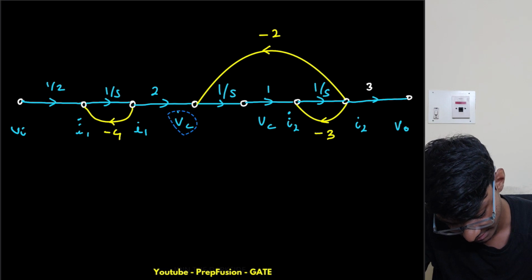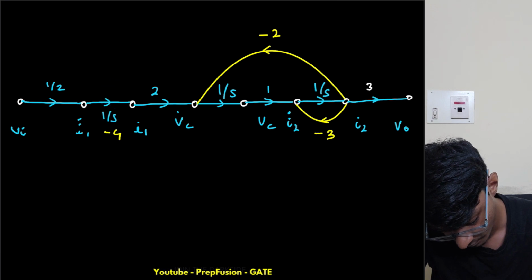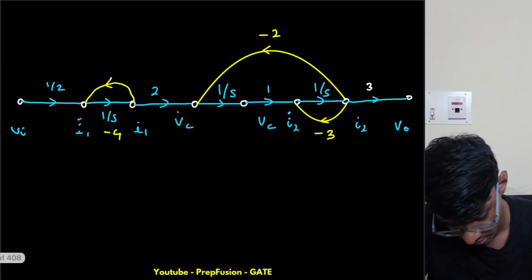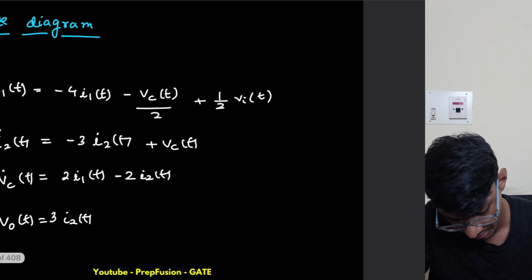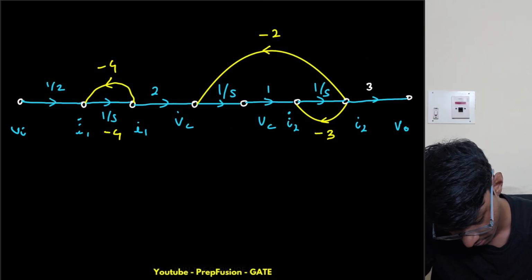I should have taken it from the top. Okay, what I will do is take this loop from the top. This is just for representation, nothing else. So this is minus 4, and this is minus half only.